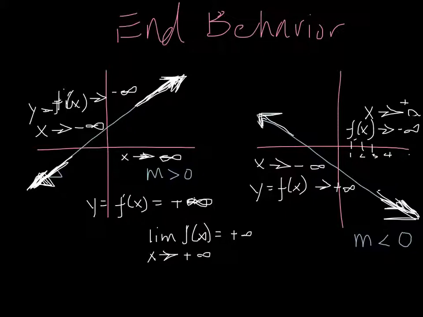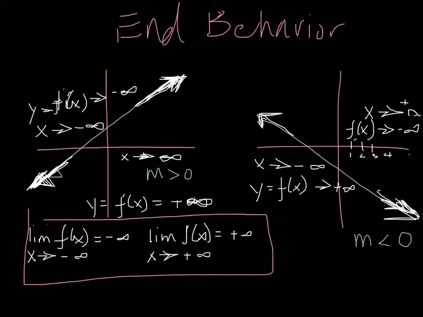That's for this right side of the graph. On the left side of the graph, the limit as x approaches negative infinity of f of x is negative infinity.